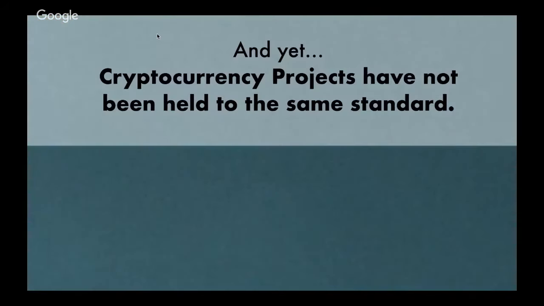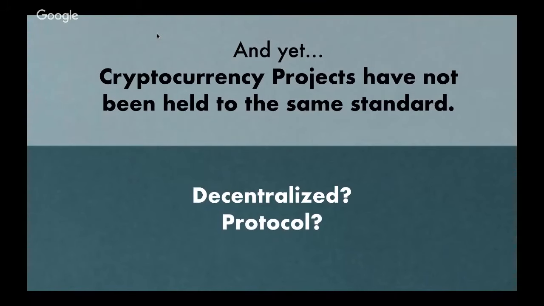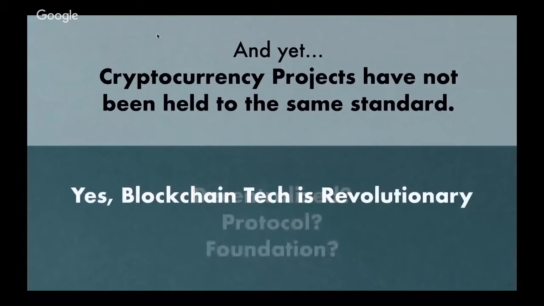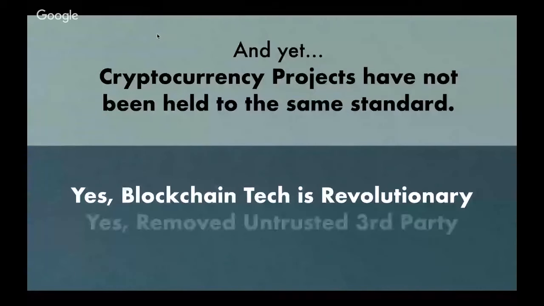The difference, though, is in the cryptocurrency project world, the same standards have not applied. As this industry has formed, people use terms to describe their organizations like decentralized and protocol and maybe their foundations. And we don't want to say this isn't important, what we're all doing. We believe blockchain tech is revolutionary.